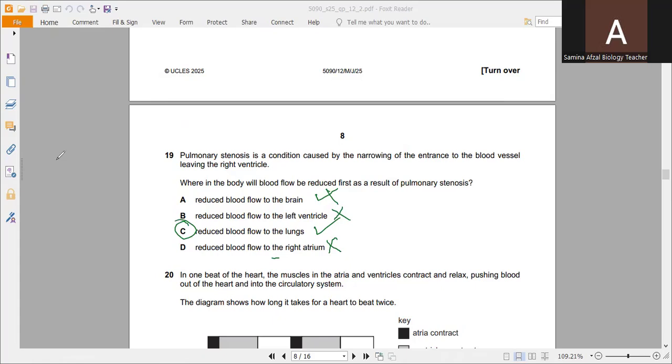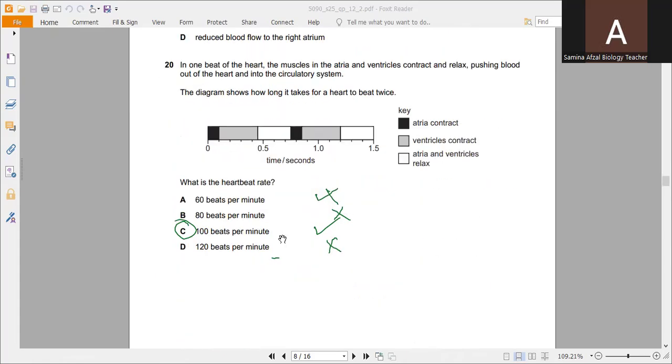Now we are moving towards the next question, number 20. In one beat of the heart, the muscles in the atria and ventricles contract and relax, pushing blood out of the heart and into the circulatory system.